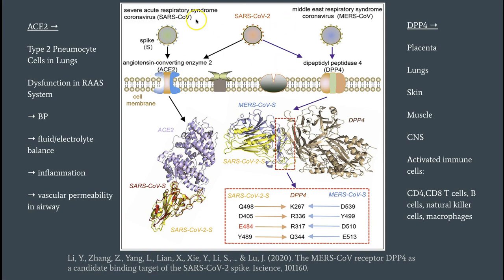So this is where current virus and antiviral therapies are targeting, this ACE2. It's also why ibuprofen, they say, doesn't work as well as Tylenol, because ibuprofen works towards ACE2 versus Tylenol doesn't interact with this receptor at all.